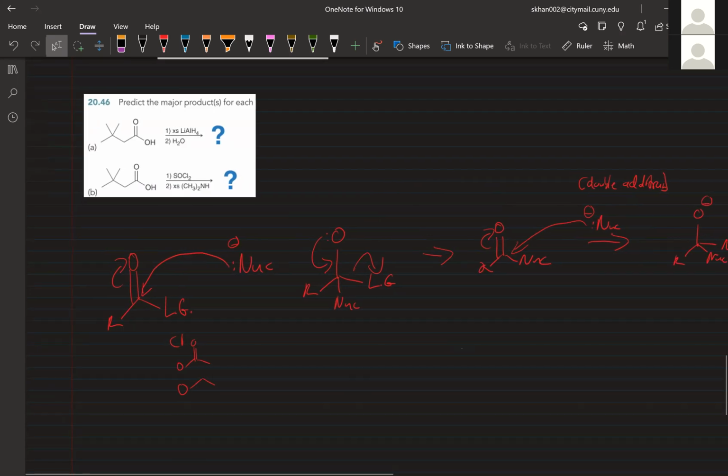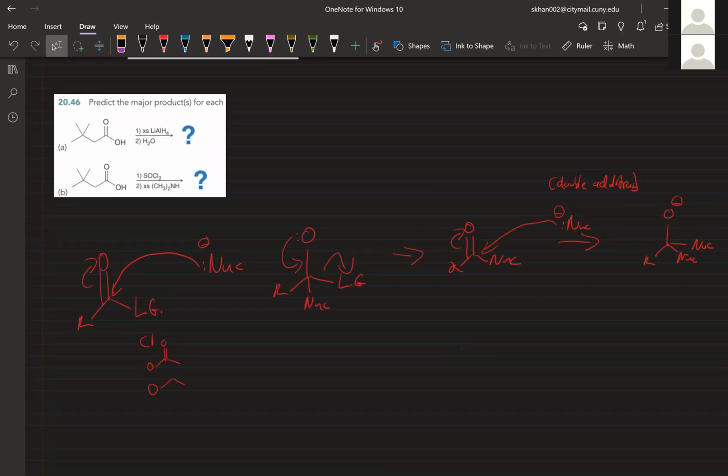Here, this is what we call nucleophilic, I guess it would be acyl addition. It's a nucleophilic addition, it's just on acyl groups. So I guess we could just call it nucleophilic acyl addition. I'll just write nucleophilic addition, acyl groups.